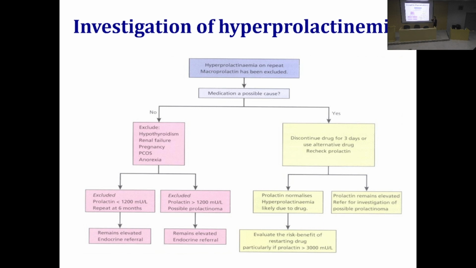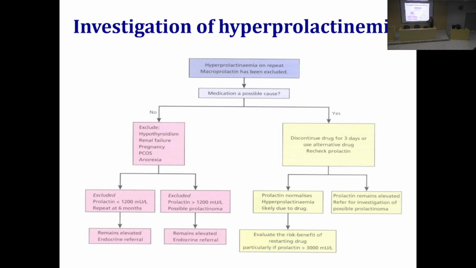But just to simplify it, let's say you saw that there's high levels of prolactin. Ask yourself this: is medication a cause? If it is, depending on the medication, after consulting the treating physician, and depending on the symptoms that the patient is having, let's say they're trying to have a child and it's affecting the fertility. So if you consult with the physician and they give you the okay to go ahead and discontinue, you can do that, and then you can look at the prolactin.